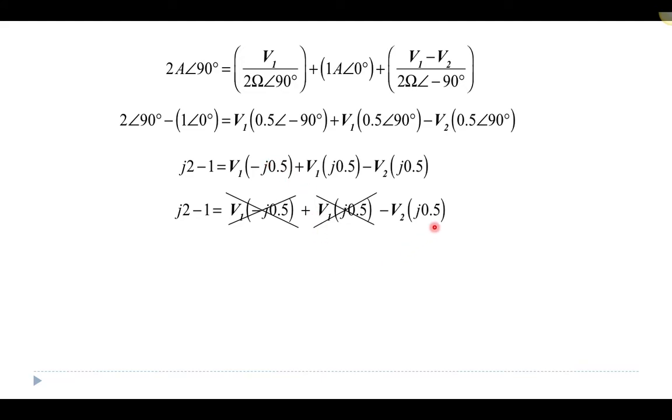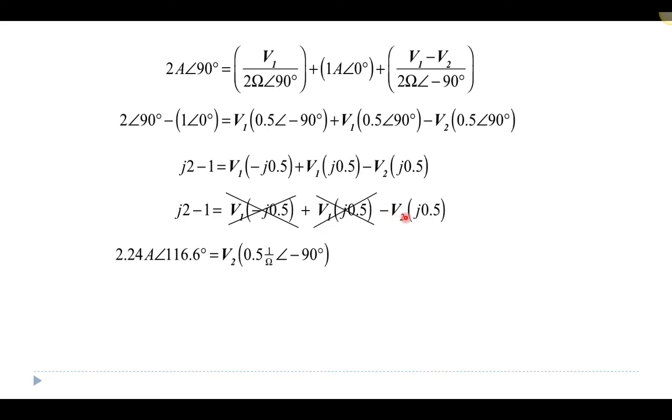And so I have only one unknown in my expression, and that is the voltage V2, and I can solve for that. So I'm going to take the term on the left and put it into polar form, and I'm going to do the same thing for the component here that's multiplied by V2.